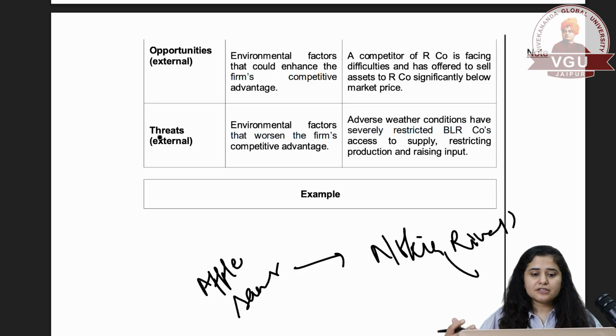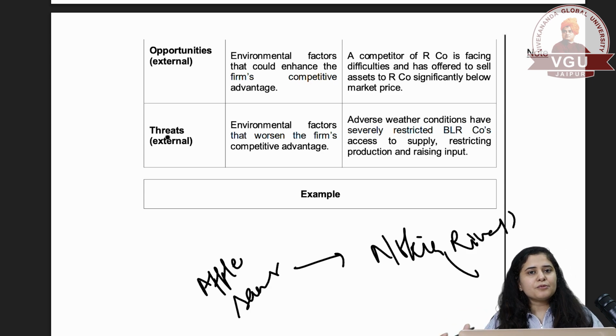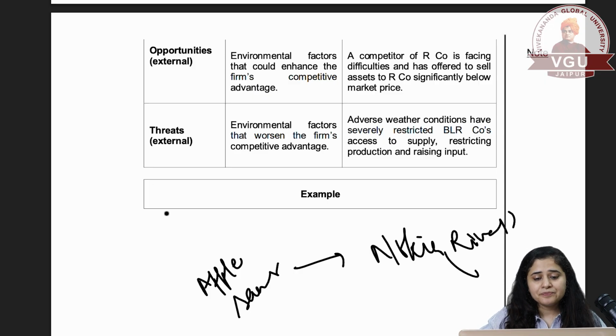And again, threats is vice versa, that how worse your firm's competitive advantage is. So what all are the environmental factors that worsen the firm's competitive advantage? These are included in the threat. And through this analysis, we are able to see the competitive strategy we have to adopt, or what market position our products or our industry, our company has in the market.